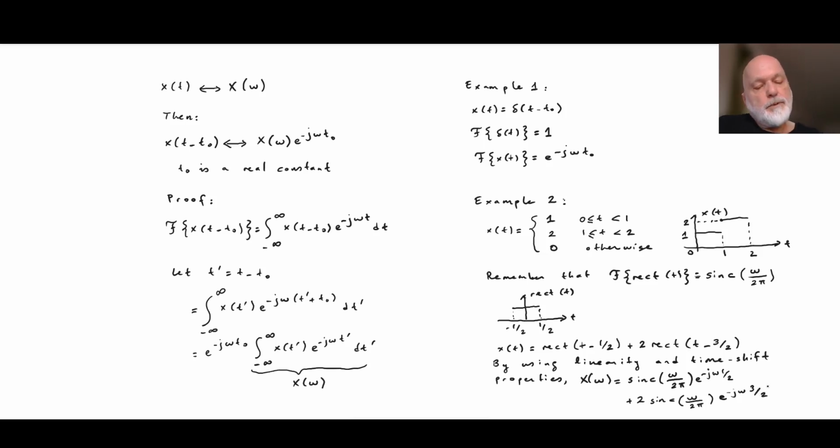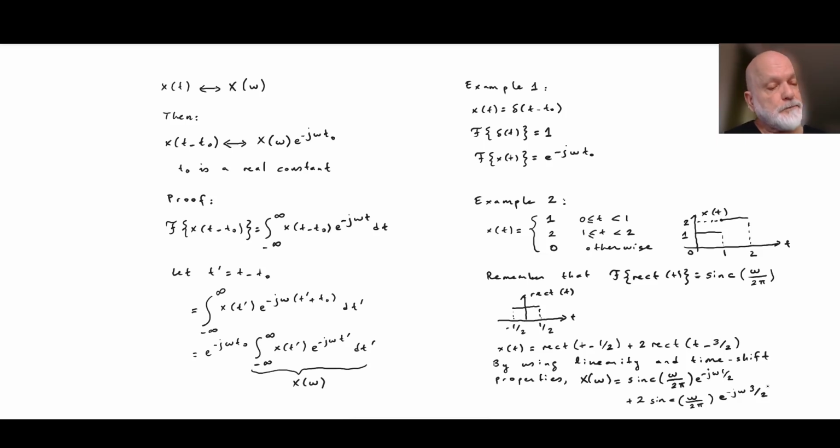So we are able to calculate the Fourier transform of x of t by using linearity and the time shift property. How did we do that? We have expressed x of t as a superposition of time-shifted versions of rect t.